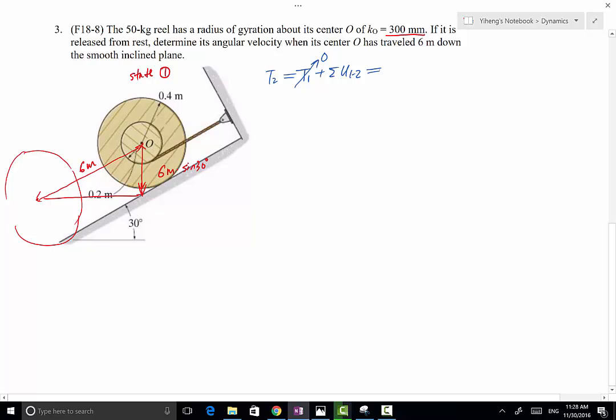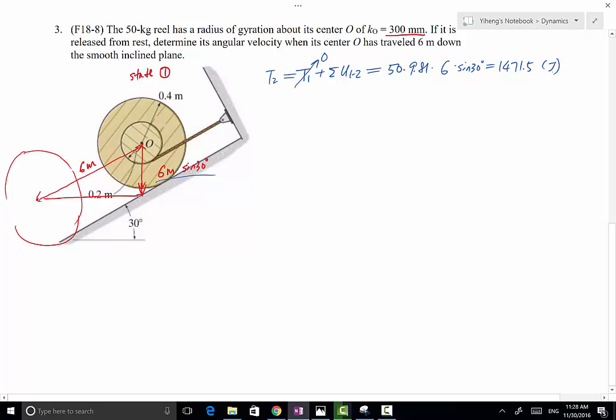And we said that the work is only done by the weight, which equals 50 times 9.81, that is the weight force, times its displacement, which is the vertical displacement here, 6 meters times sine 30 degrees, and that is evaluated to be 1471.5 in the unit of joules.